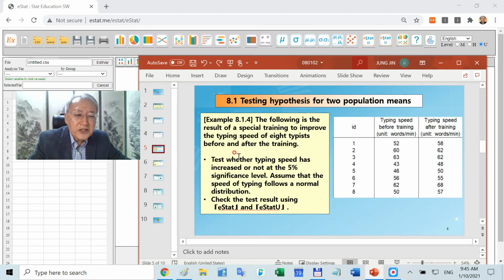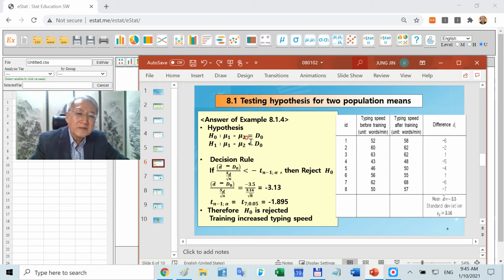Let's consider this example. This is the typing training example. Before and after training, we select a sample of 8 using the same people, so it is a paired sample. You test typing speed after training. We have to test that. What are the null and alternative hypotheses?